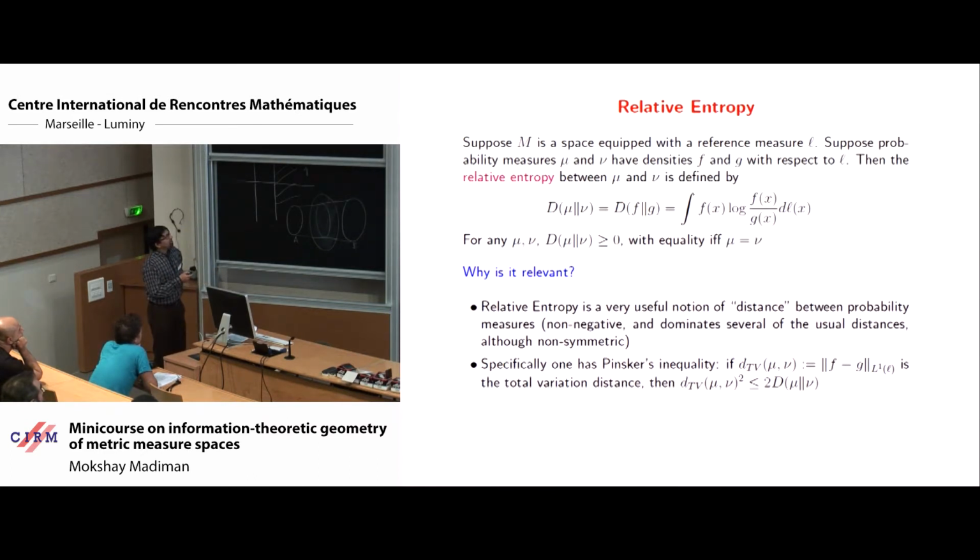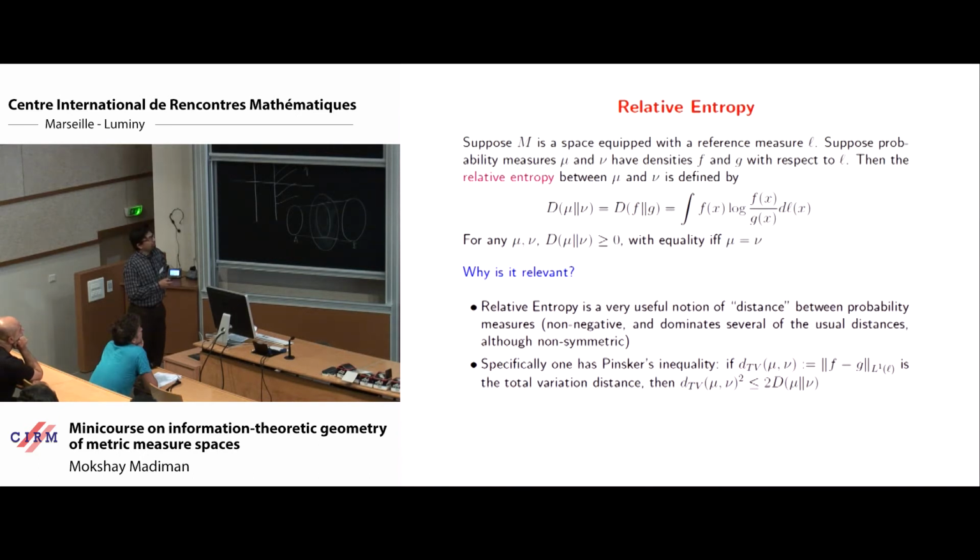So suppose M is some space equipped with a reference measure L, and suppose probability measures mu and nu have densities f and g with respect to L. Then the relative entropy between mu and nu is defined like this. So I'm abusing notation here.